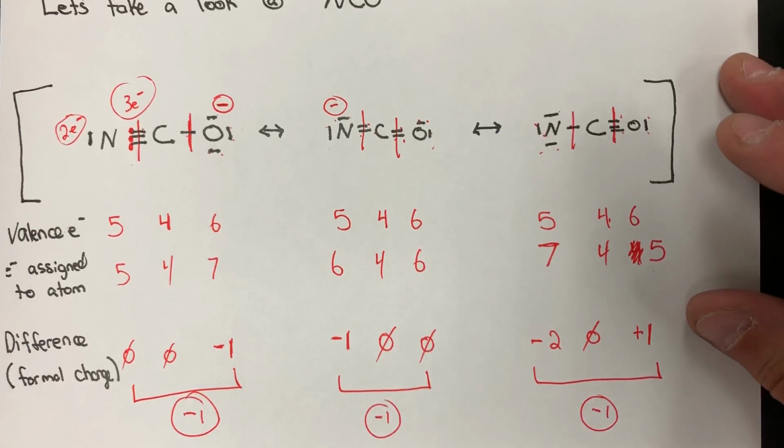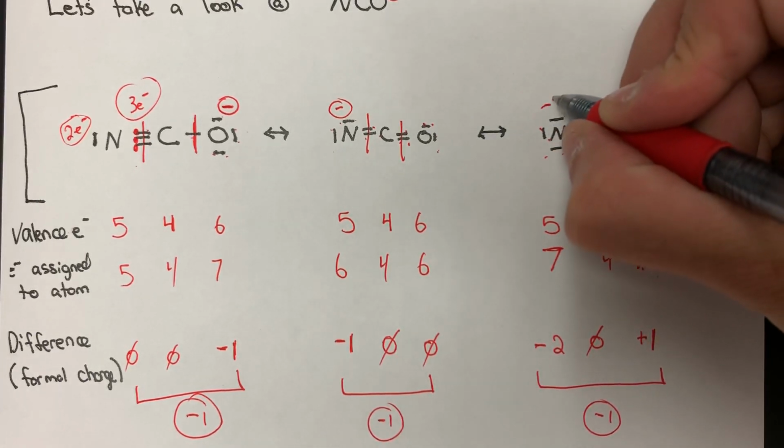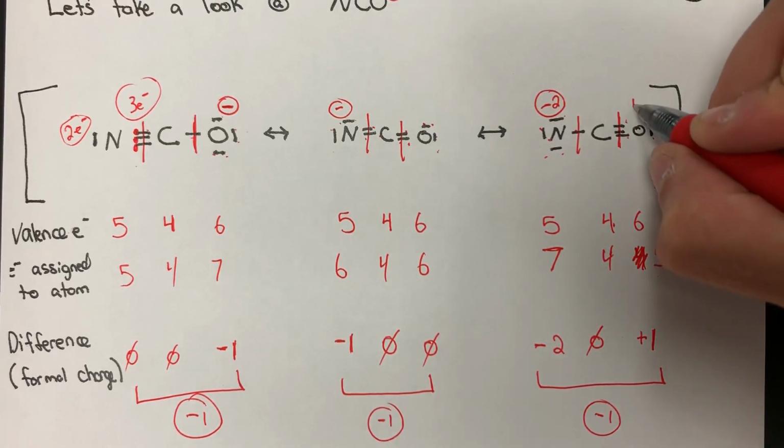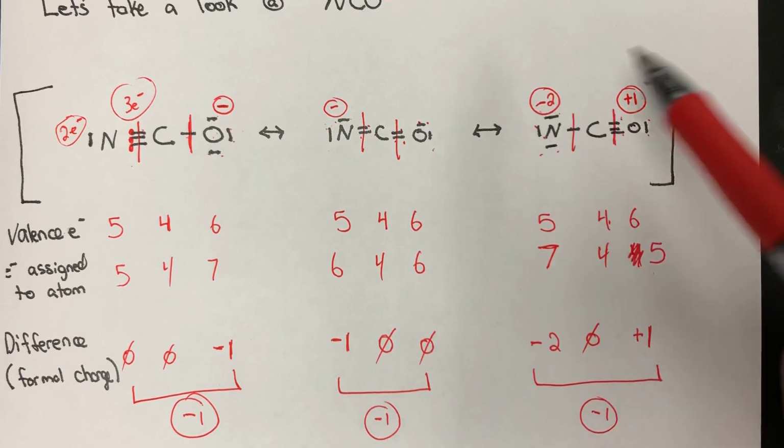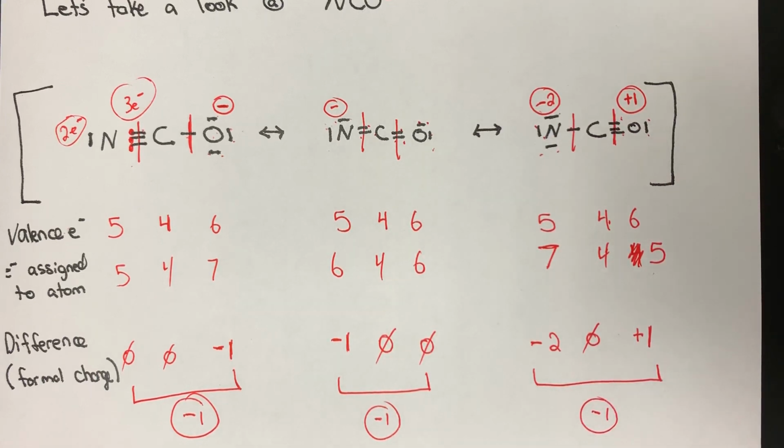So now that we've labeled the formal charges on these 3 different resonance structures, so -1, -1, -2, +1, we want to use these formal charges to actually evaluate which Lewis structure is the best Lewis structure, given that they are not all equivalent.